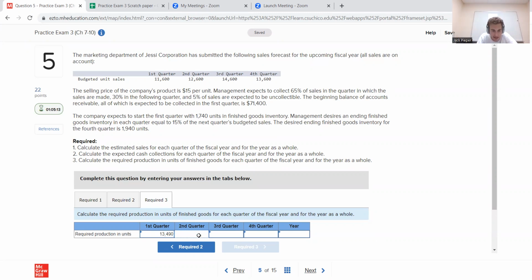So the second quarter, we need to meet this much in required production.